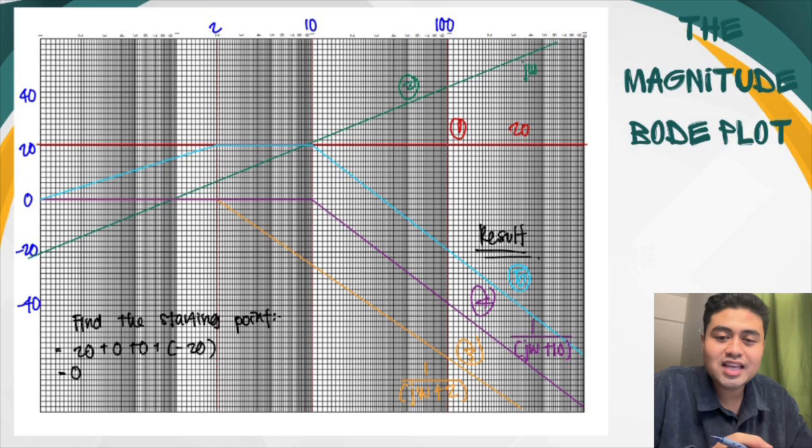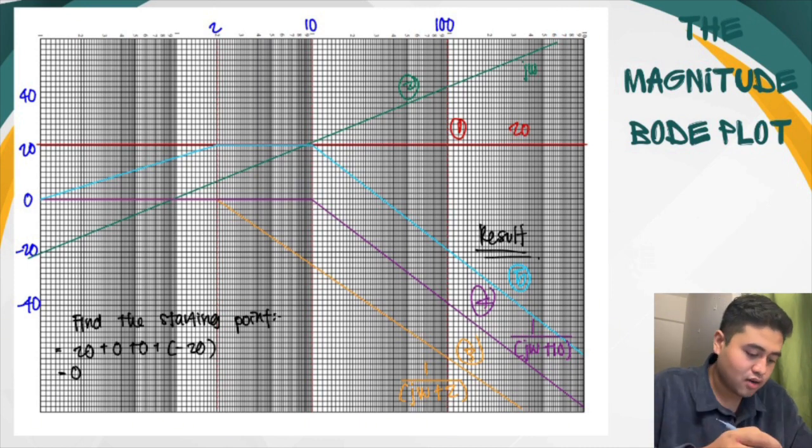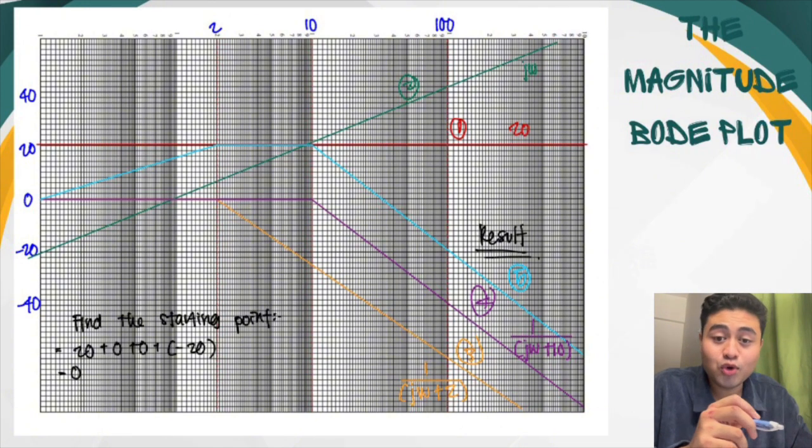So we go next to the third graph, which is the simple pole. For the simple pole, you must be careful because it has its own x-axis. How to know what the x-axis is? If you want to know the x-axis, you must look at the equation, where we can see jω over 2.